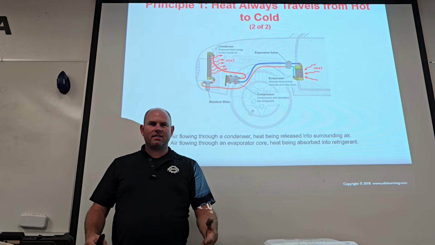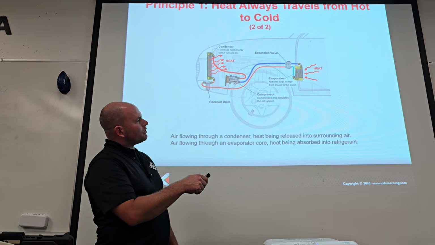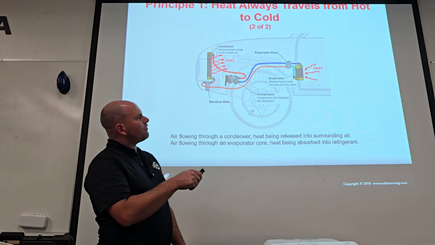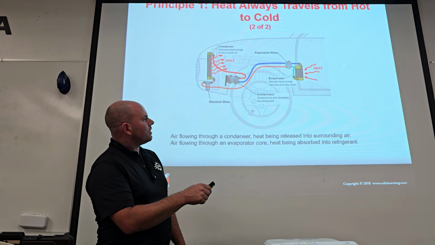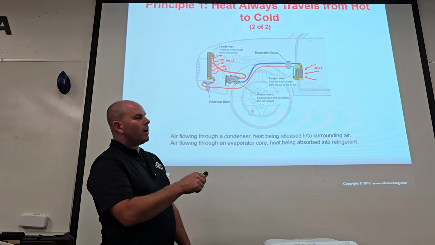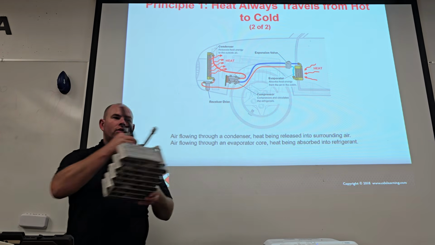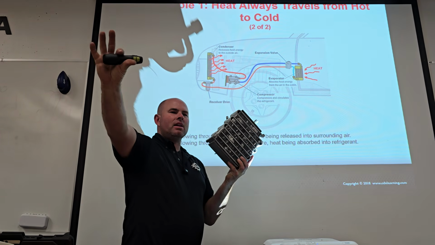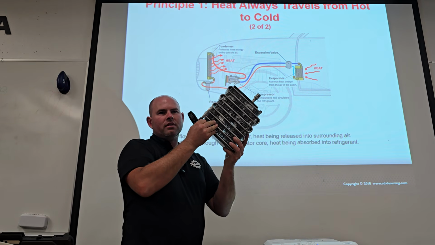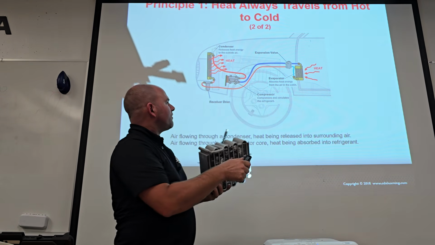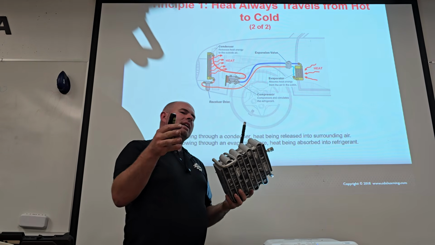So where's the heat? Inside. The heat we're worried about is in the car. It wants to absorb heat from the cabin and send it through the evaporator. The heat is going to go from a hot cabin to the cold evaporator. Remember how I told you this thing stays cold? So the heat leaves the cabin, hot to cold, into here. That's why this is inside. Make sense? Then from there, we could get into the details, but the heat changes state.